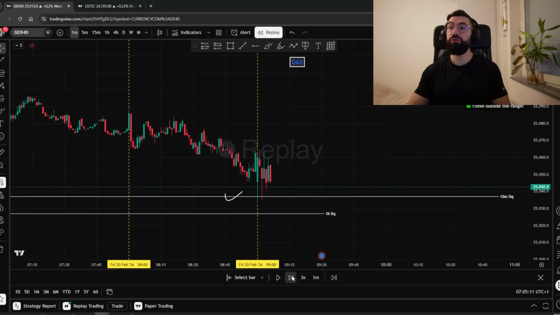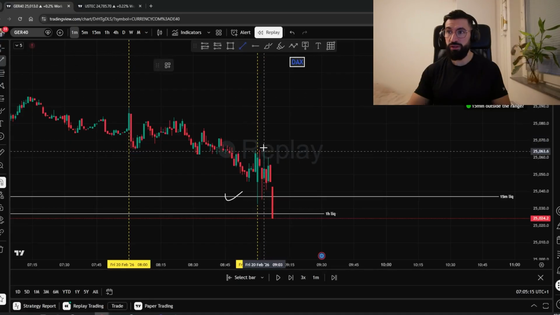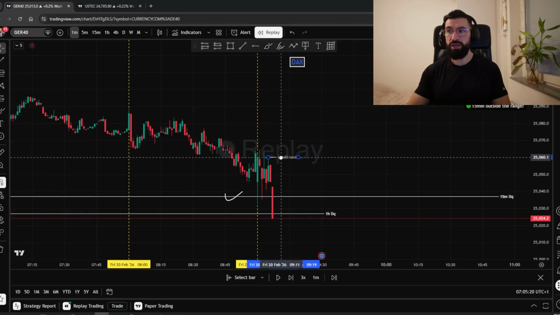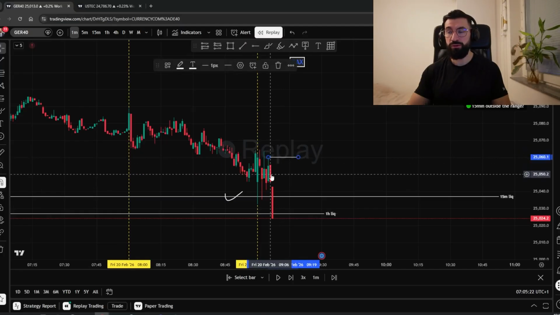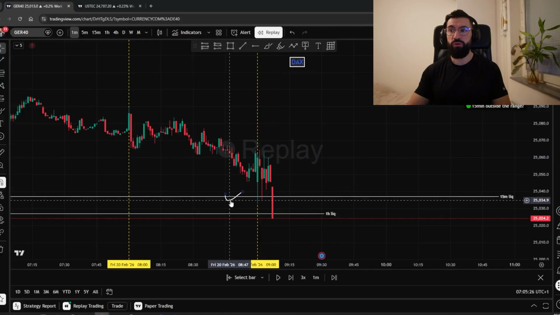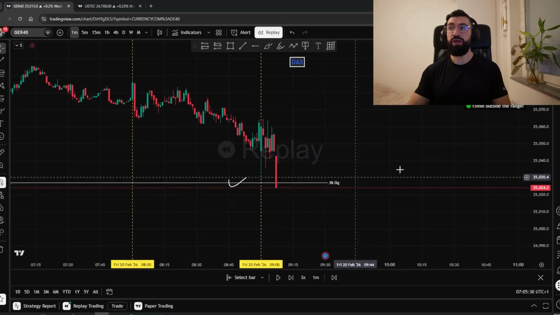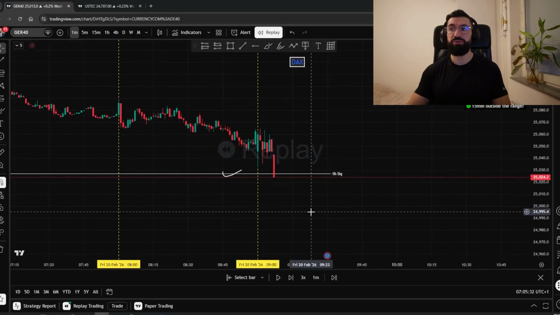I'm waiting for it to do a break of structure. Now it didn't do a break of structure. Look, there's a high right here. The body of the candle didn't close over it. There's a high right here. The body of this candle or the candle next to it didn't close over it. So what happens now? We jump down to the 1 hour liquidity and we are now focused on waiting for a break of structure to the upside in this area.